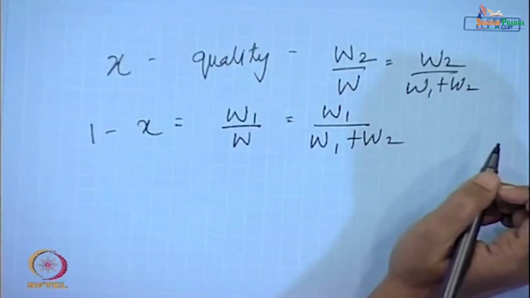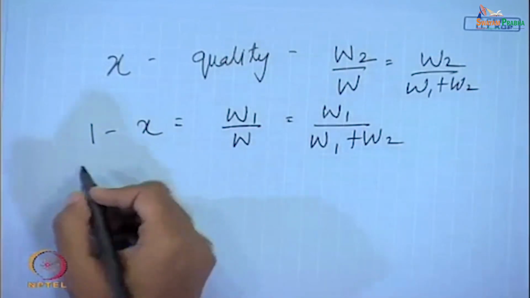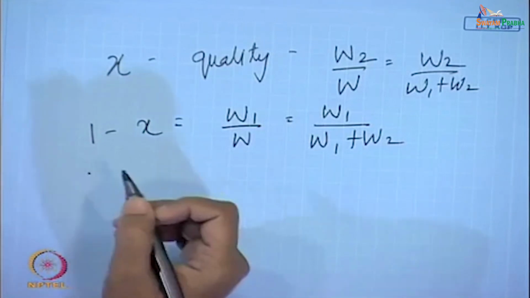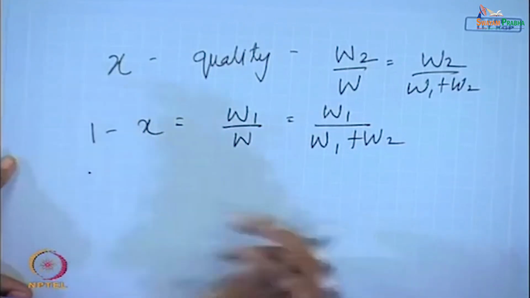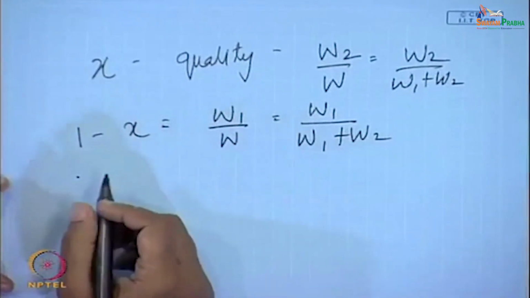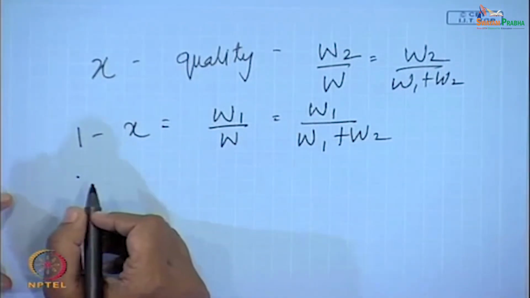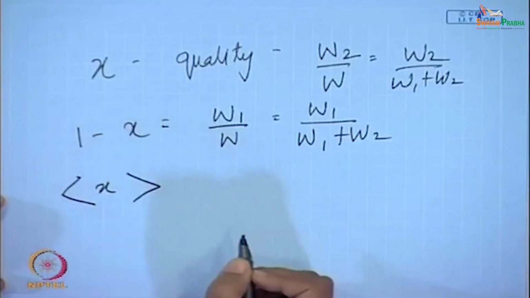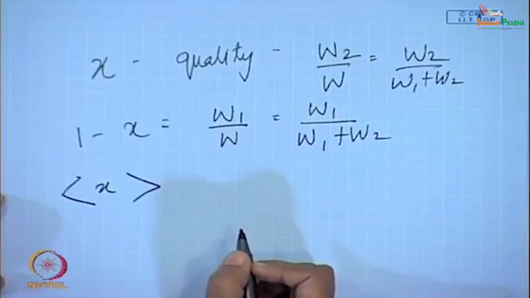Okay. So, we know that we can also write certain other equations, and just as I have told you for the void fraction, in this particular case also remember that there can be temporal variations and variations across the flow. So, when we are talking about quality, usually we refer to the averaged values.